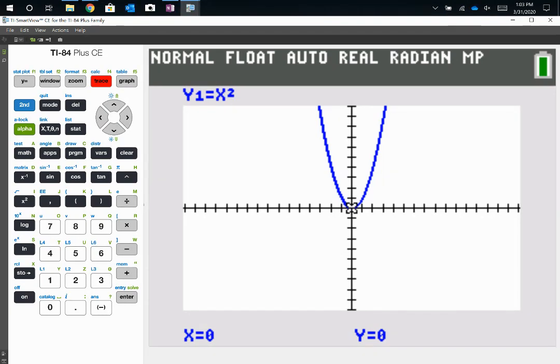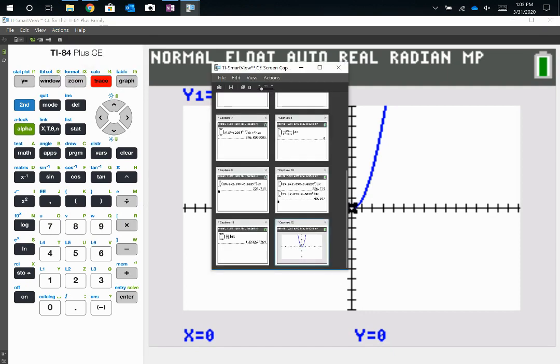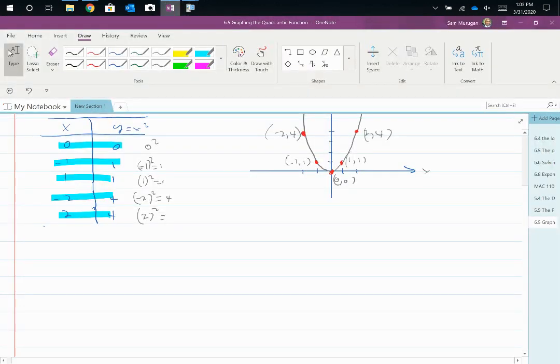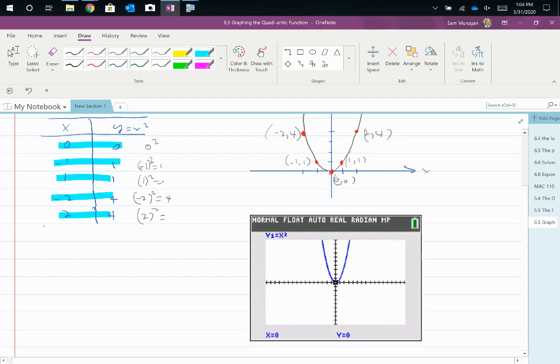I'm going to copy and paste this into the notes so you can see that you have the option of looking at it with your calculator.